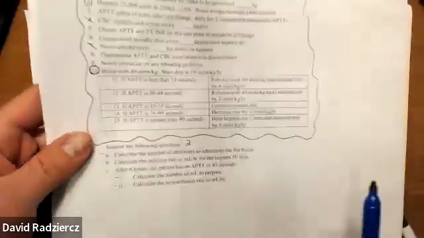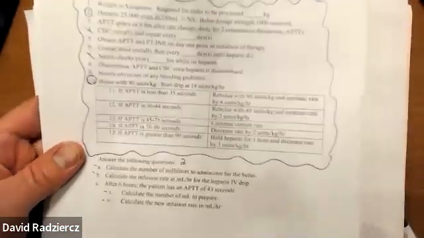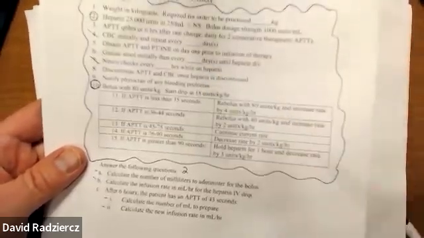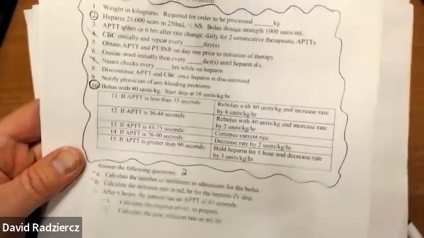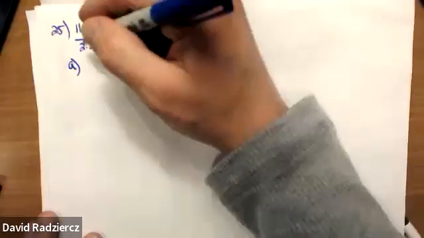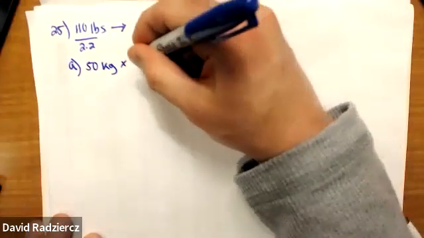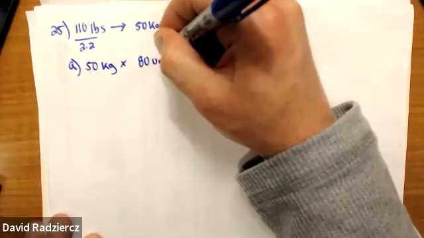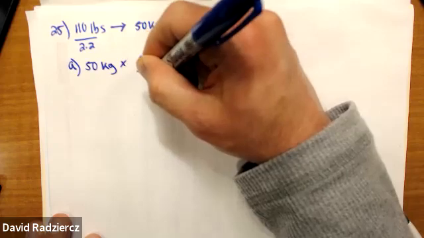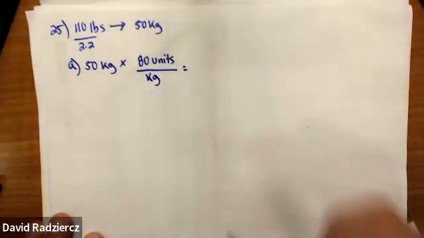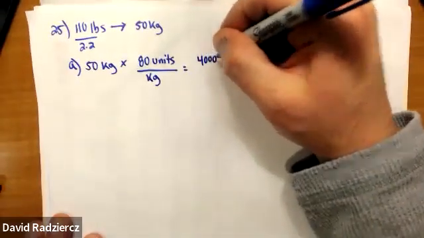So again, if you do a Google search for Heparin protocol, you're going to see essentially what I have typed up here for you. All right. So we're going to take the patient's weight and multiply by the 80 units per kilogram in order to calculate the bolus dose. 50 times 80 is 4,000 units.